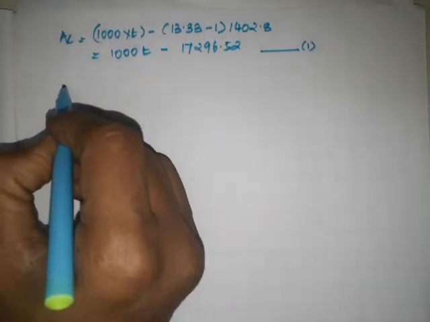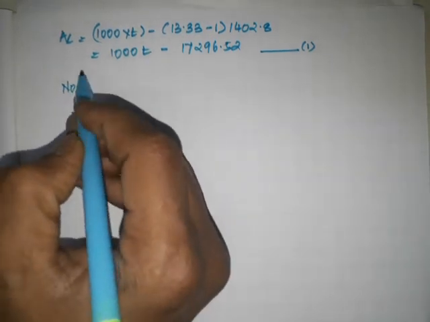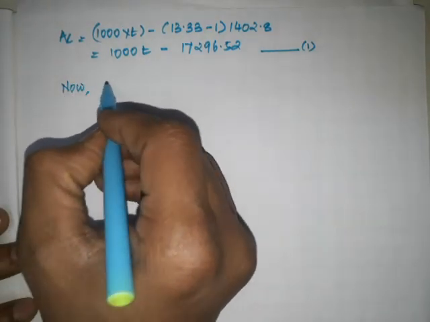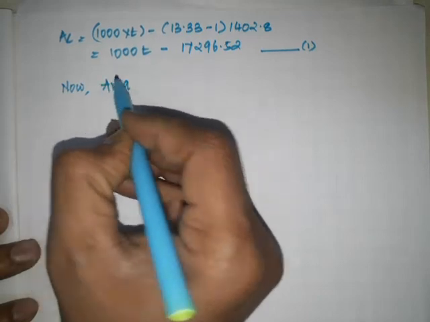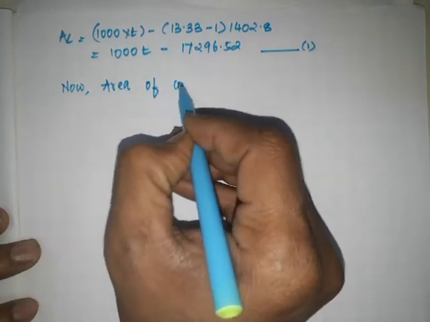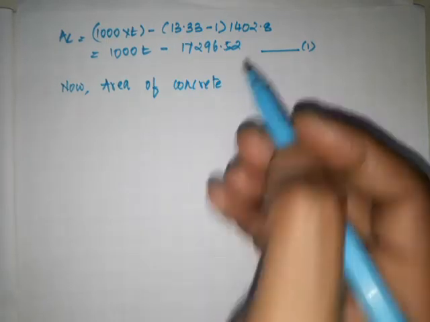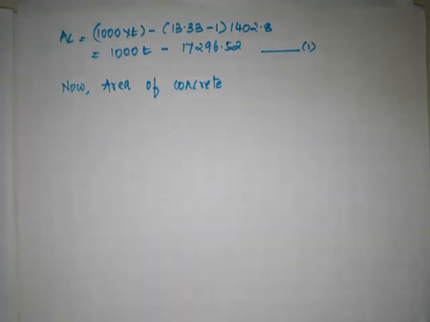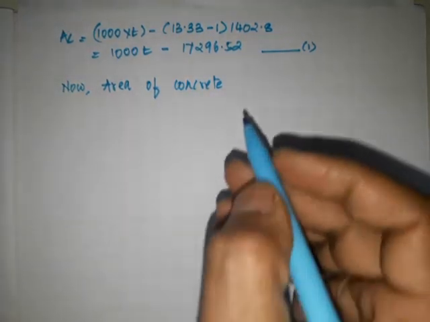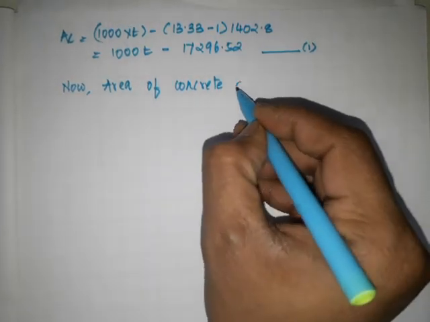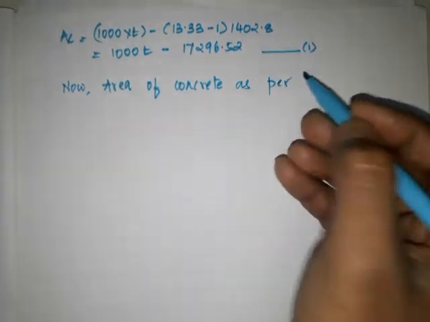Now the next step: area of concrete as per hoop tension.